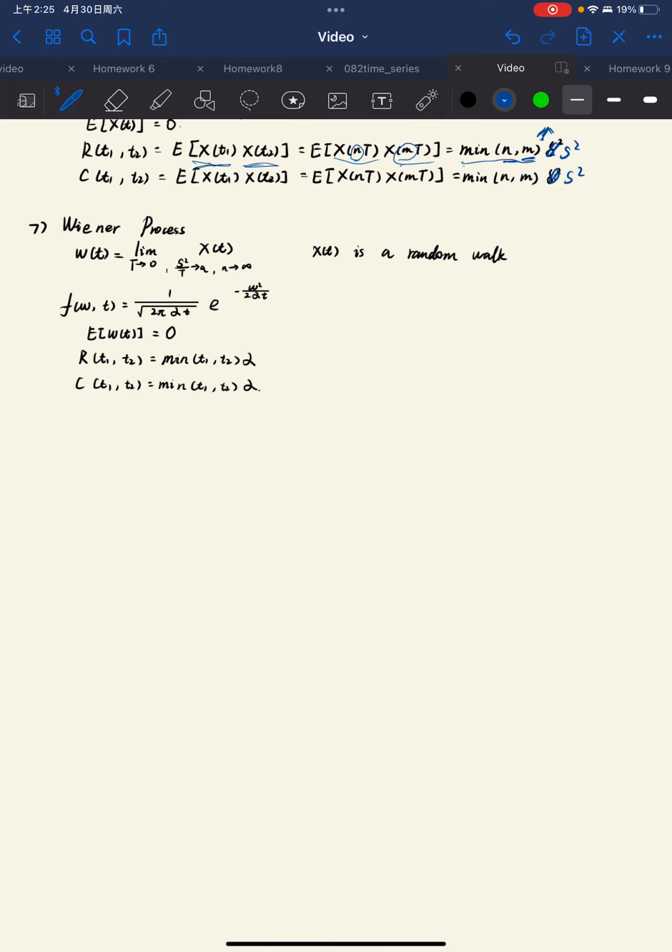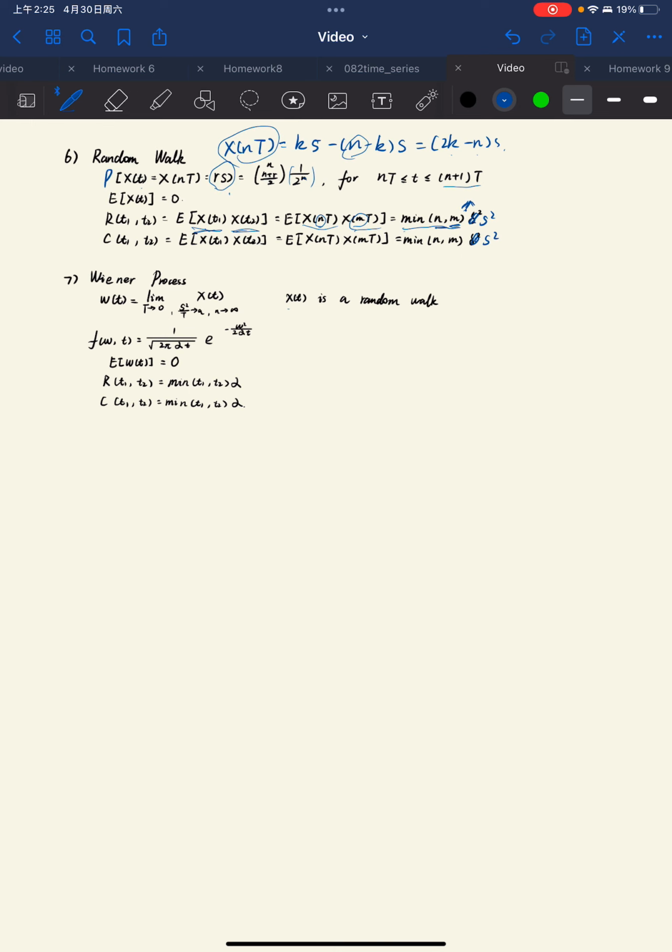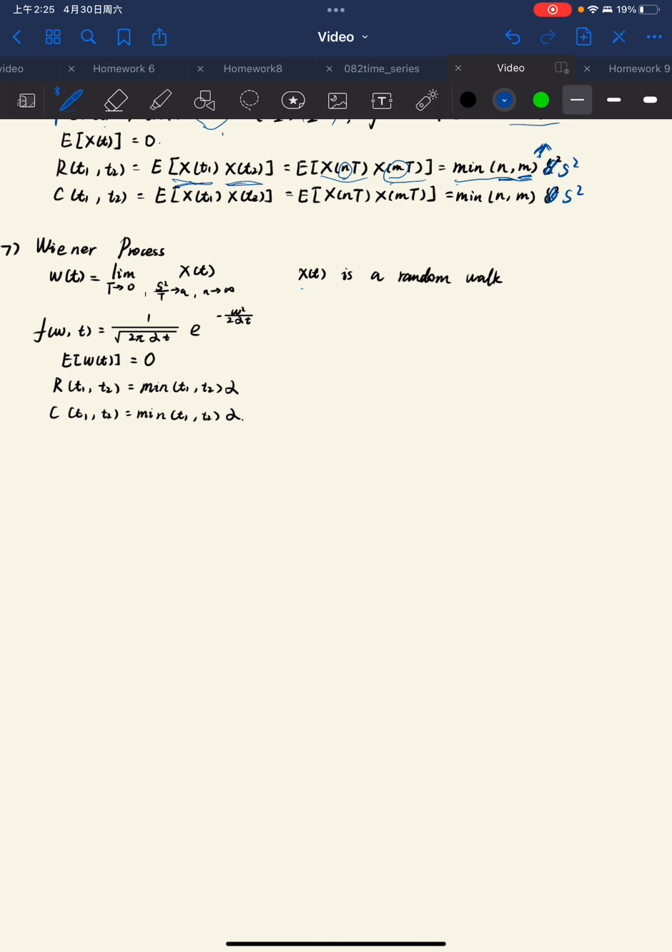The seventh one, the Wiener process. We define it as the limit of X(t), where X(t) is the random walk here, when the time step gets closer to 0 and s divided by t equals a constant alpha, and the number of tosses goes to infinity.